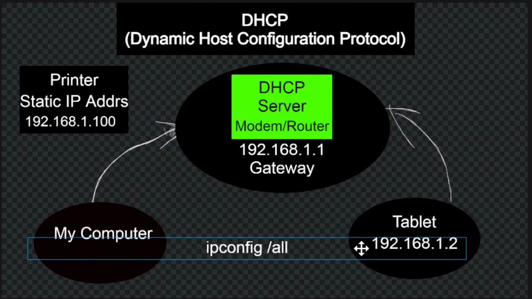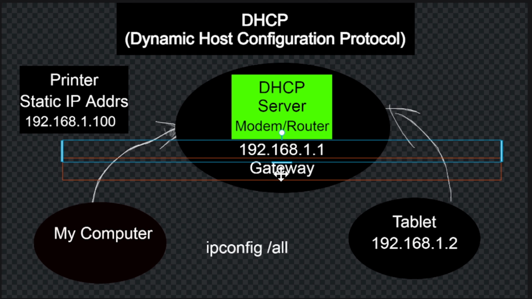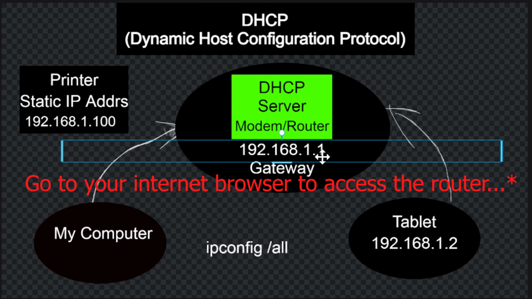Easy way to find where your router is by looking at the gateway. So once you figure out what the gateway is, simply go to your router and type in this IP address. And that's where it's located. You might have some other stuff behind it, for example, /admin login or whatever.